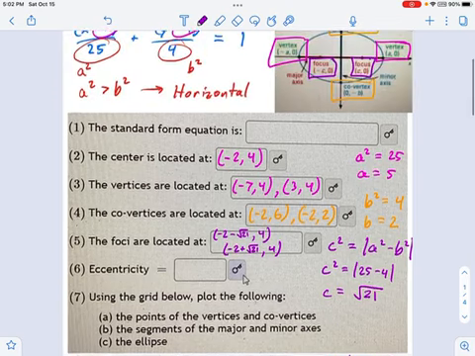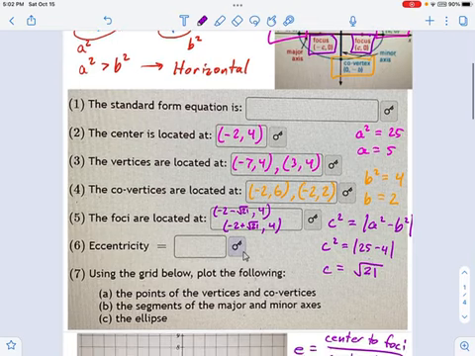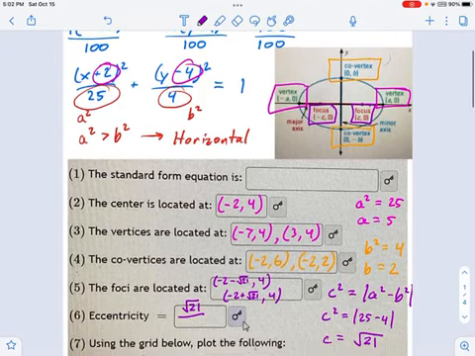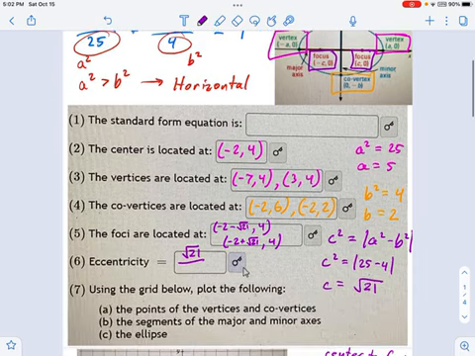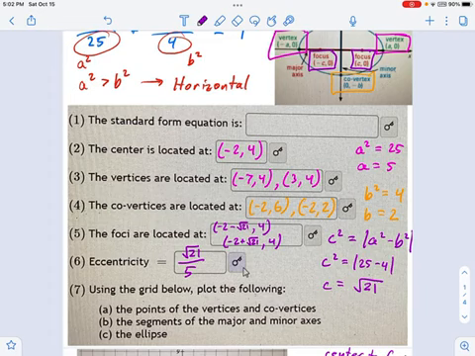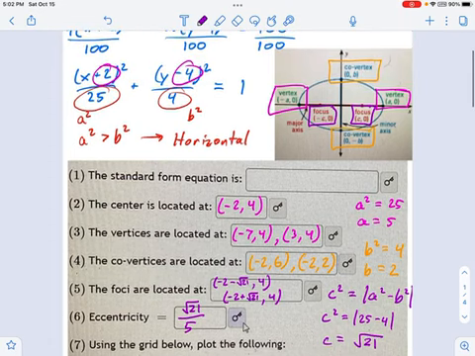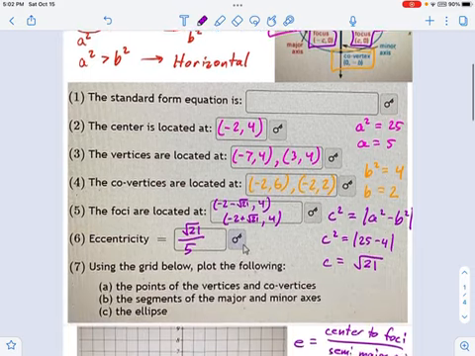So for us, from the center to the focus, that's that radical 21. And the semi-major axis, that was in the x direction. Remember, 25 was a squared, so this is going to be 5. So there's our eccentricity. It's the square root of 21 over 5. Okay, now let's see. Anything else to deal with here?